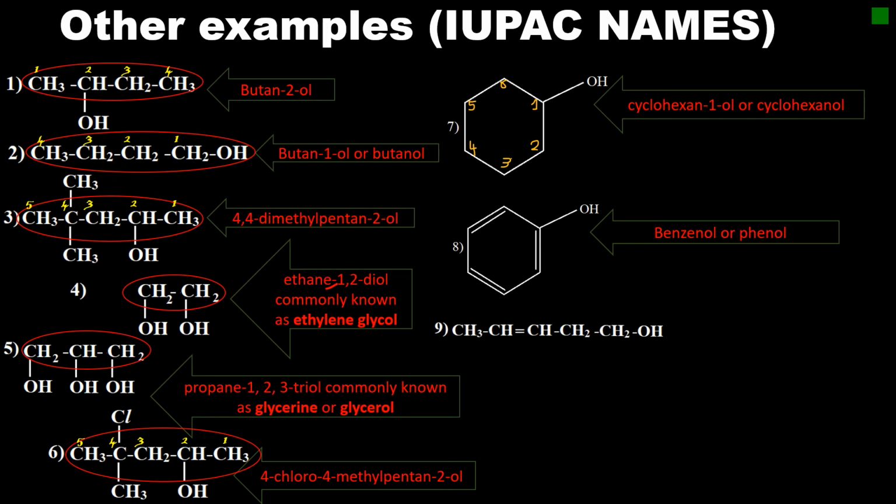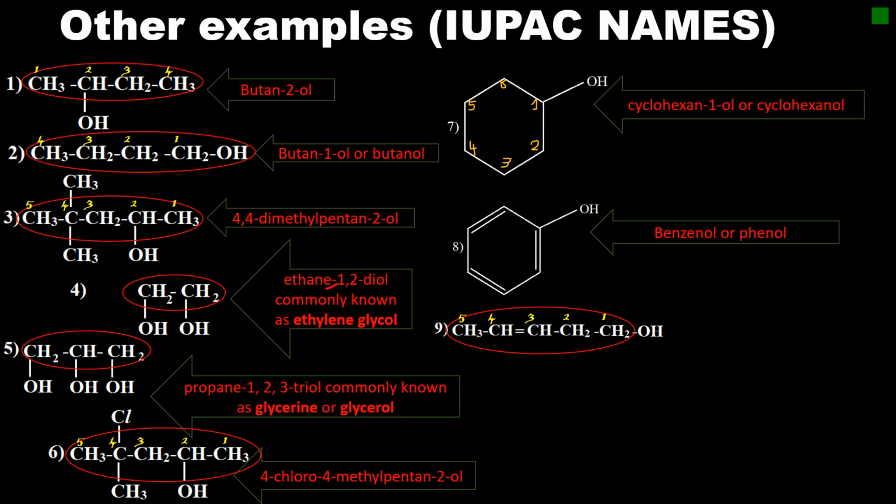Number 9, we choose the parent chain, and here we have a double bond in the chain. So when numbering the chain and you have a double bond, which one do we give priority, the double bond or OH? OH takes priority over the double and the triple bond. So numbering the chain, we start from the right to the left in order to give OH the lowest position possible.